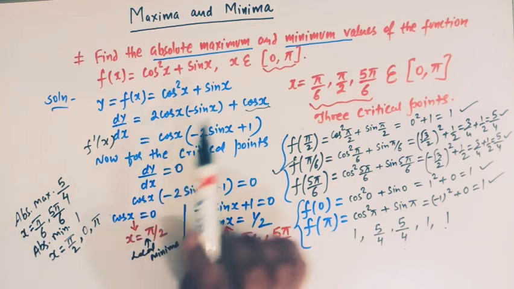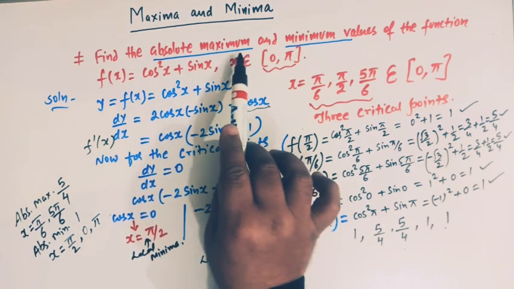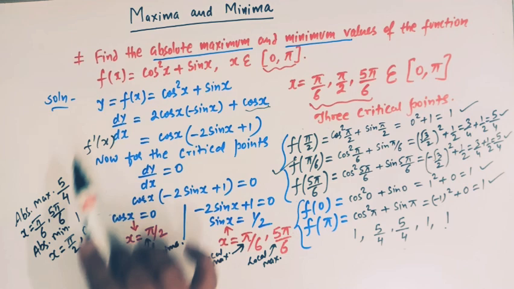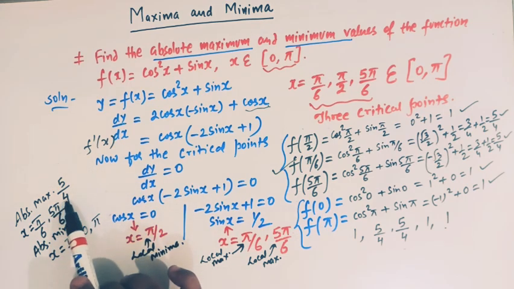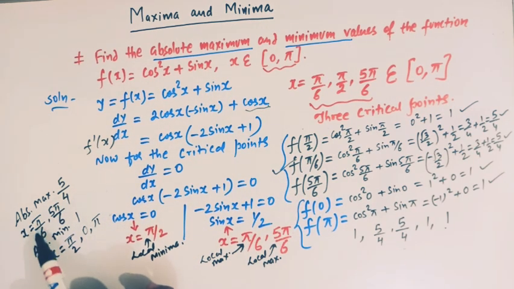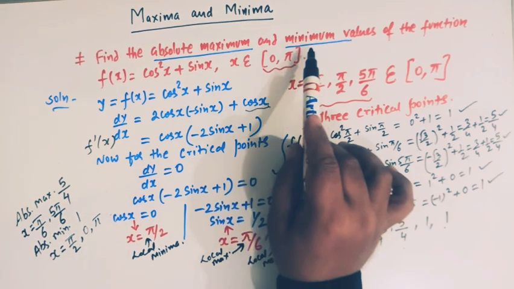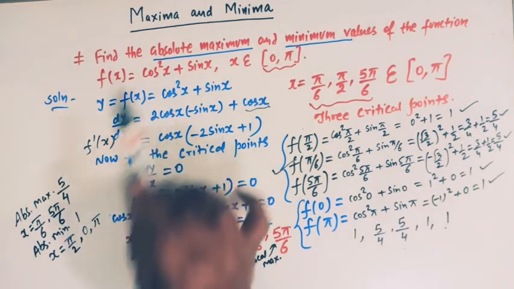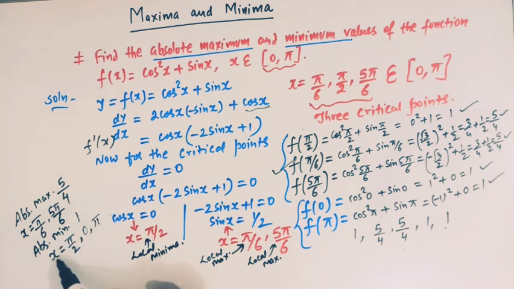So the absolute maximum value of this function is 5 over 4, and it occurs at x equal to pi by 6 and 5 pi by 6, and the absolute minimum value of this function is 1, which occurs at pi by 2, 0 and pi.